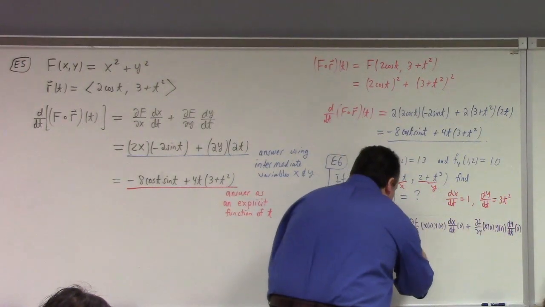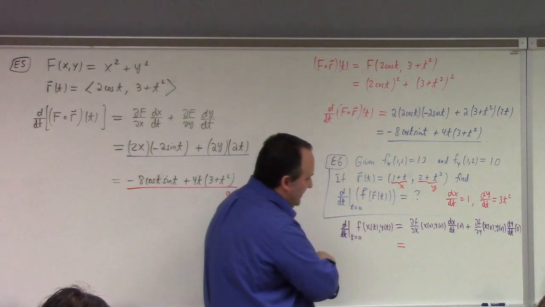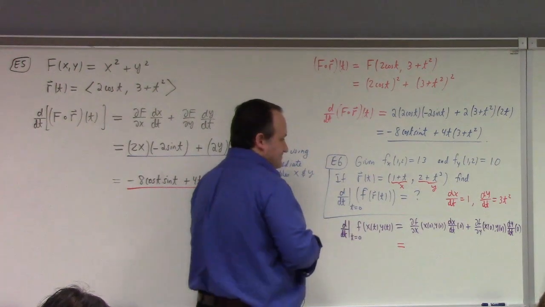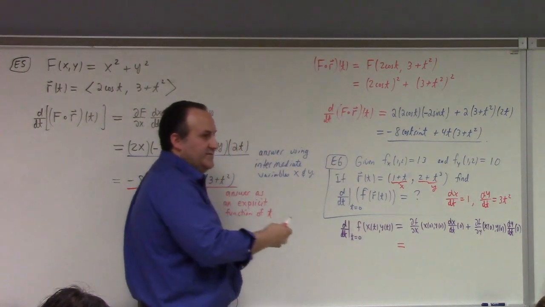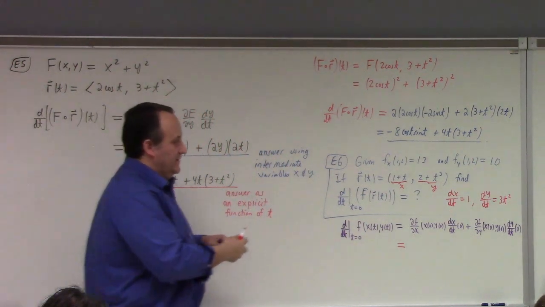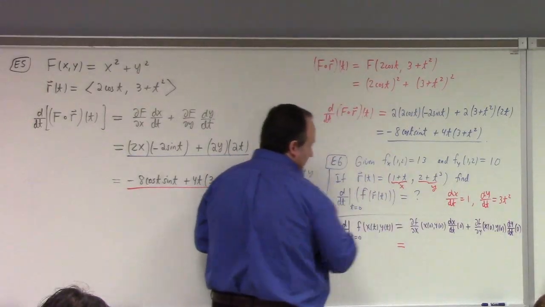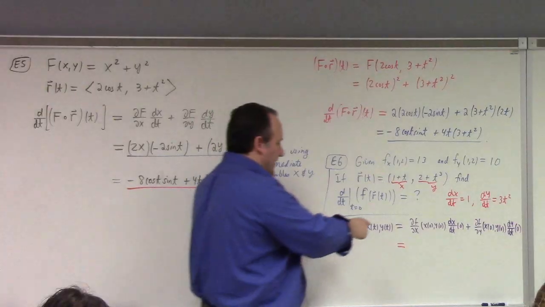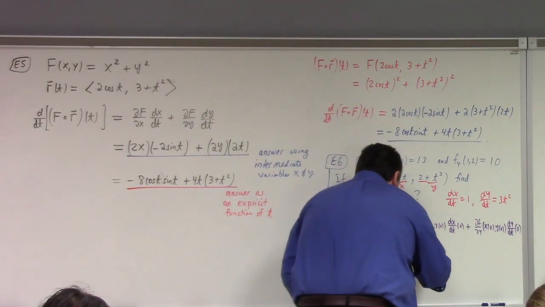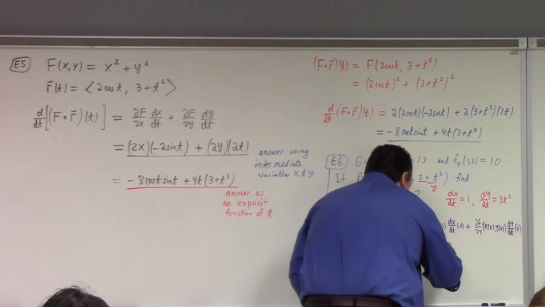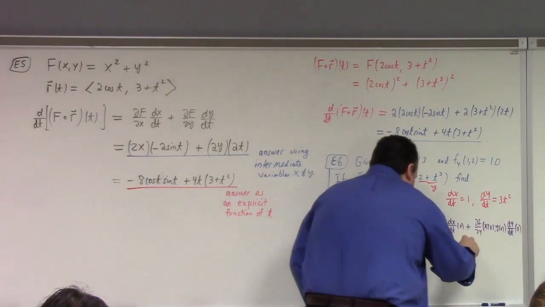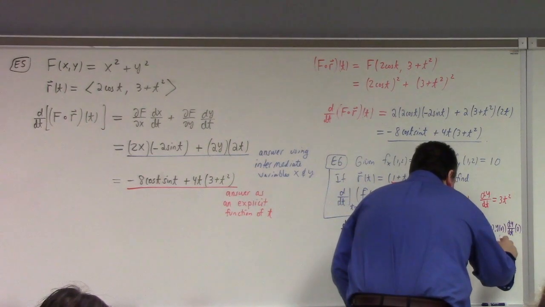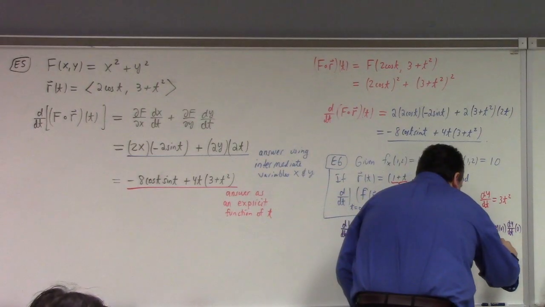So going down here, I've given you fx of 1, 2. By the way, x of 0, y of 0 is what? In other words, r of 0 is 1, 2. That was by construction here, okay? So I know that this is fx at 1, 2 times 1 plus fy of 1, 2 times, well, 3 times 0 squared.